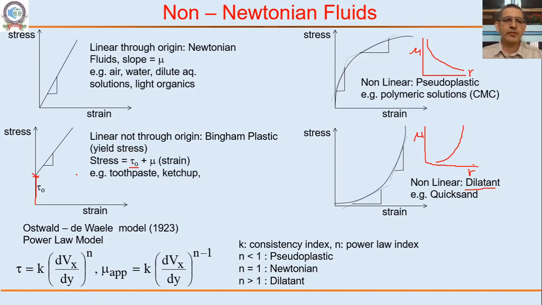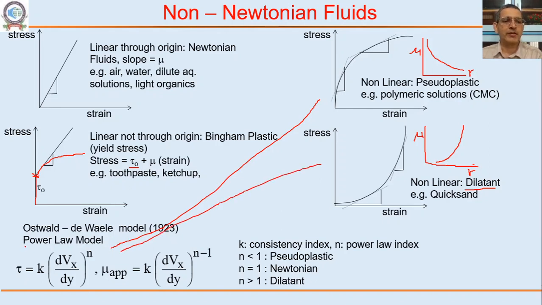Sometimes your stress versus strain behavior could have a yield stress as well as a curvature like this, right? So then the equation would be tau naught plus some equation that will describe this. Now what equation describes this kind of behavior? That behavior is called the Ostwald-de Waele model.